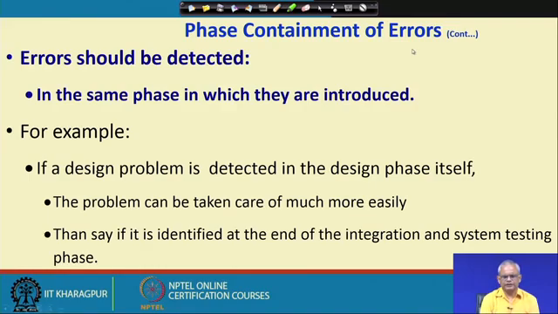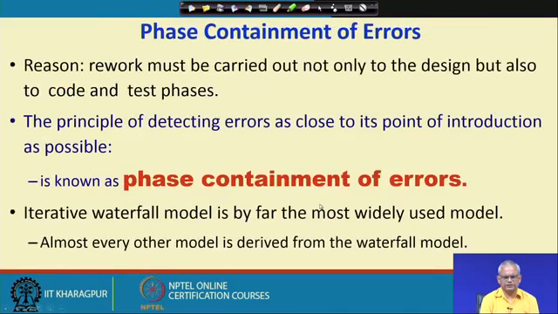The errors must be detected within the same phase in which they are introduced, and the reason we want to have phase containment of errors is that it will cost the least. This is a very important principle, the phase containment of errors.